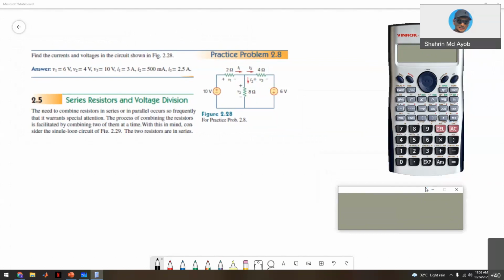So using KCL and KVL and also your basic Ohm's law, find the voltage drops V1, V2, V3, and also the branch currents I1, I2, and I3.